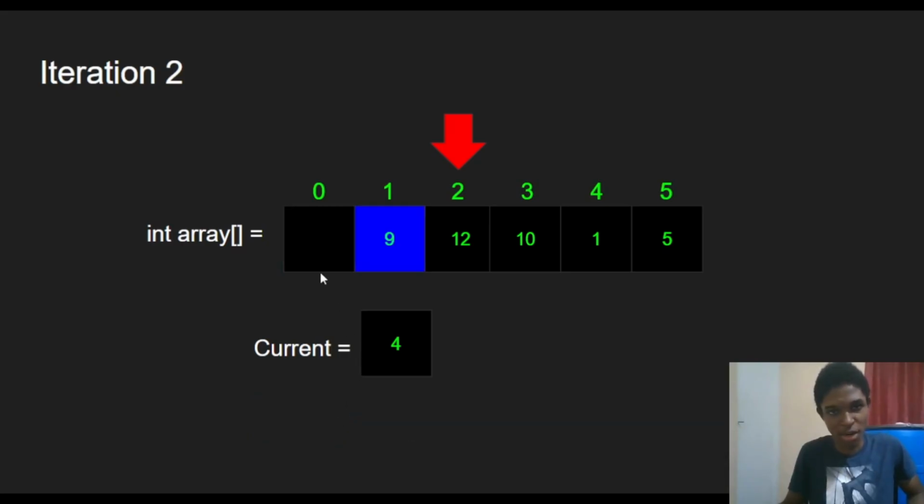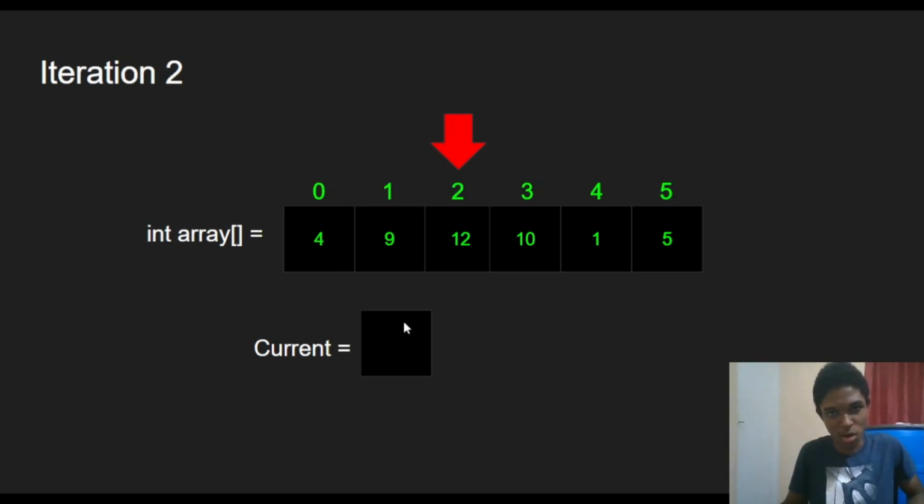Now guys, we have an empty slot. Since we have no more values remaining to the left, we'll take whatever value is in current and move it to the empty position, in this case position 0. So 4 goes into this empty slot.